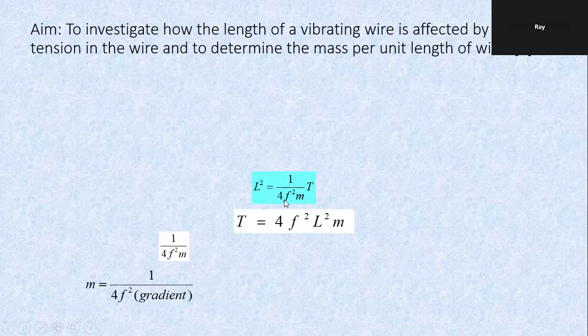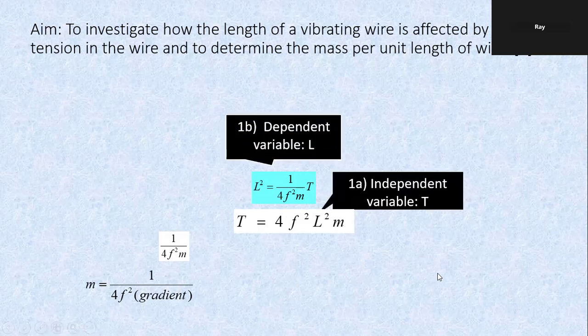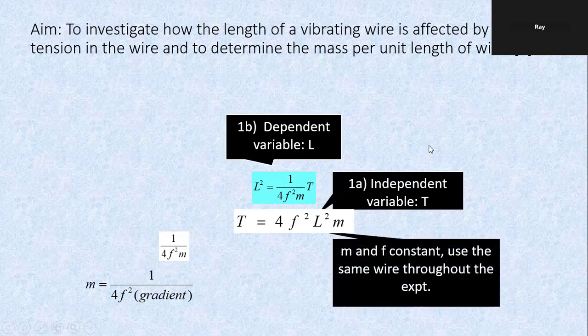So I have to rewrite the formula as this formula. Then the independent variable is T, tension. The dependent variable is the length. M and f from the equation, you have to keep constant. You have to use the same wire. Right? Keep f constant.